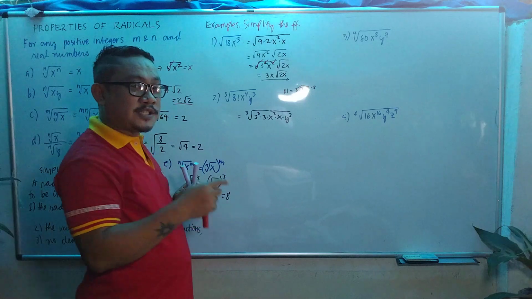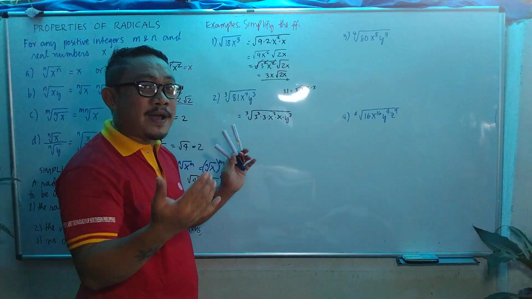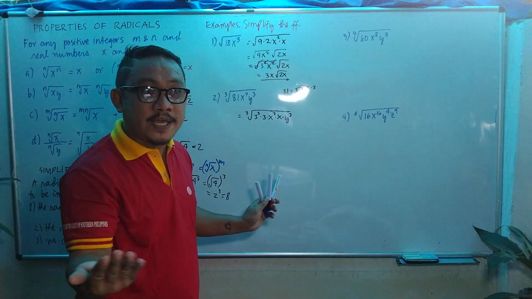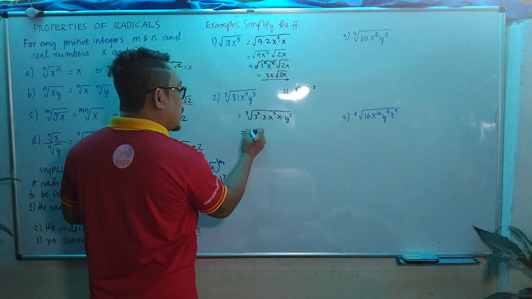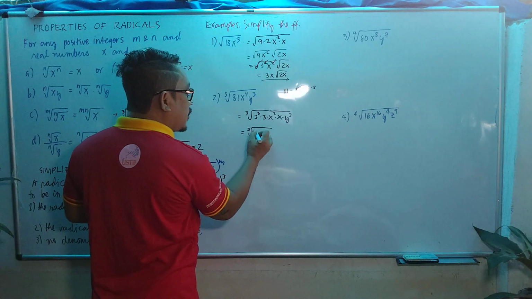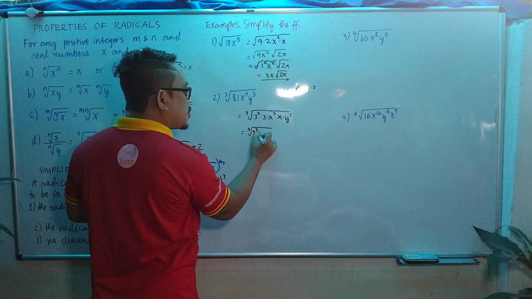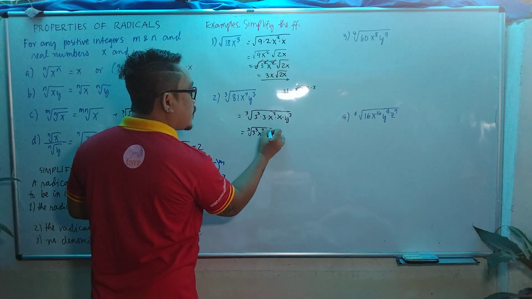Let's continue. We now group the ones with a power of 3. You have here the cube root of 3 cube, x cube, then y cube.